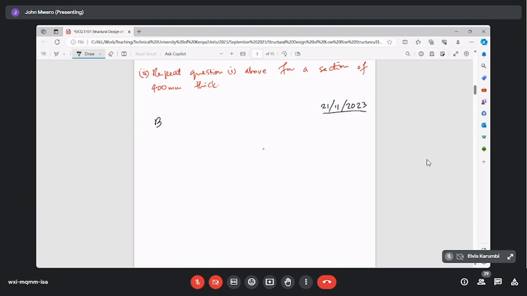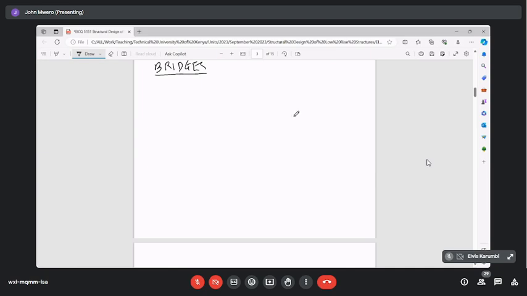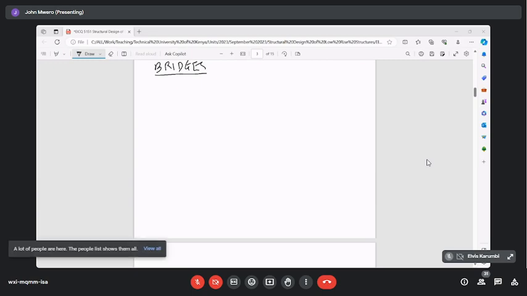So I want us to discuss bridges. Generally, when we talk bridges, bridges can be classified by several categories, just like water tanks.